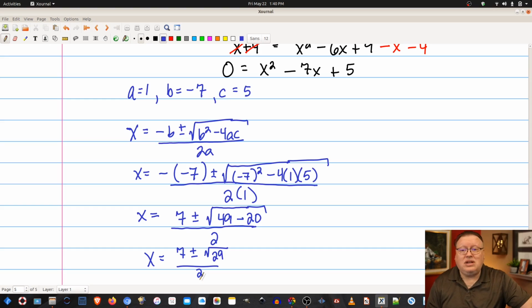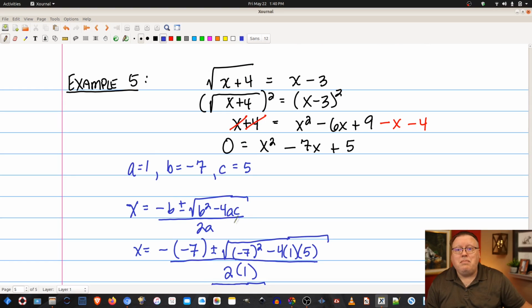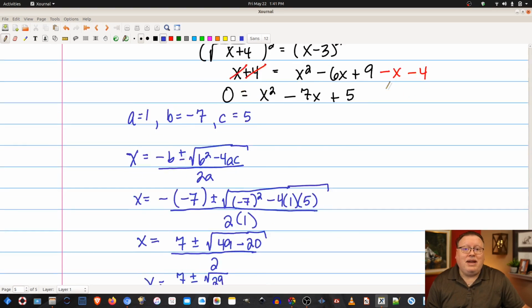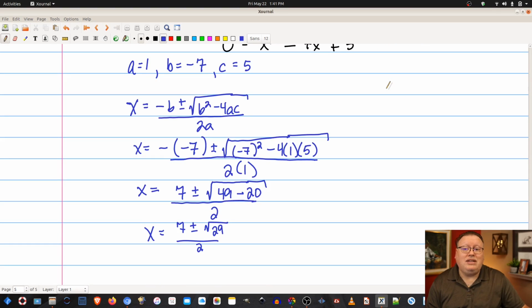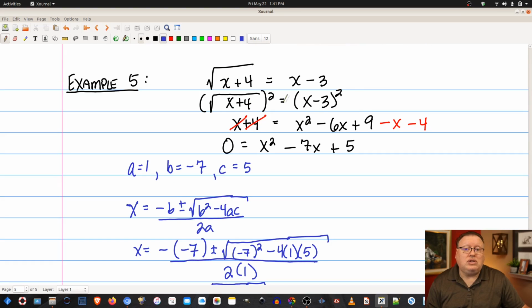So we need to substitute these back into our original equation and see what we get, okay? To make this hopefully a little bit easier, we're going to substitute in on the right-hand side.